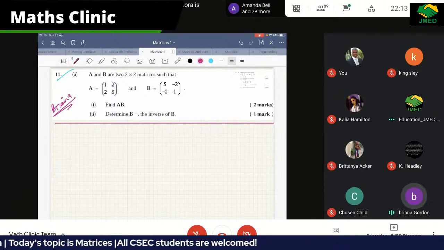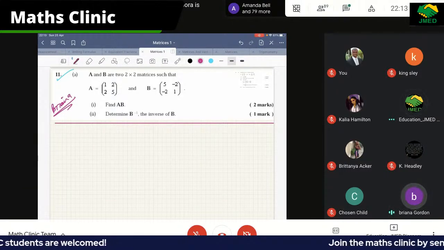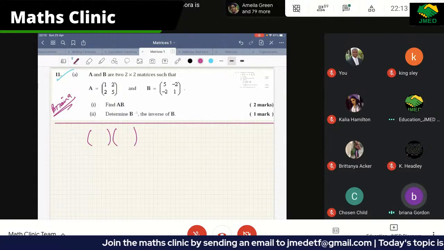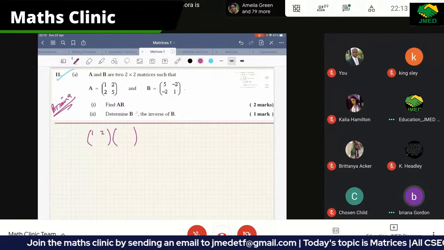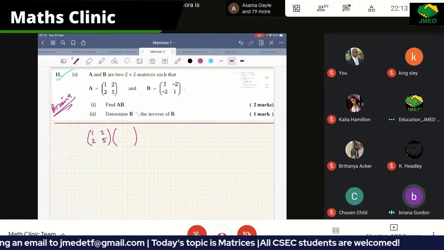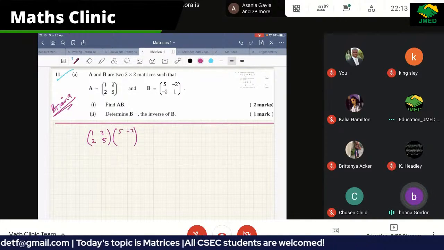So the first thing that we do, we have to look at the question. You're multiplying, so you're not going to do what you do for adding. It's going to be different. So you're going to times the first row by the first column, and the first row by the second column.